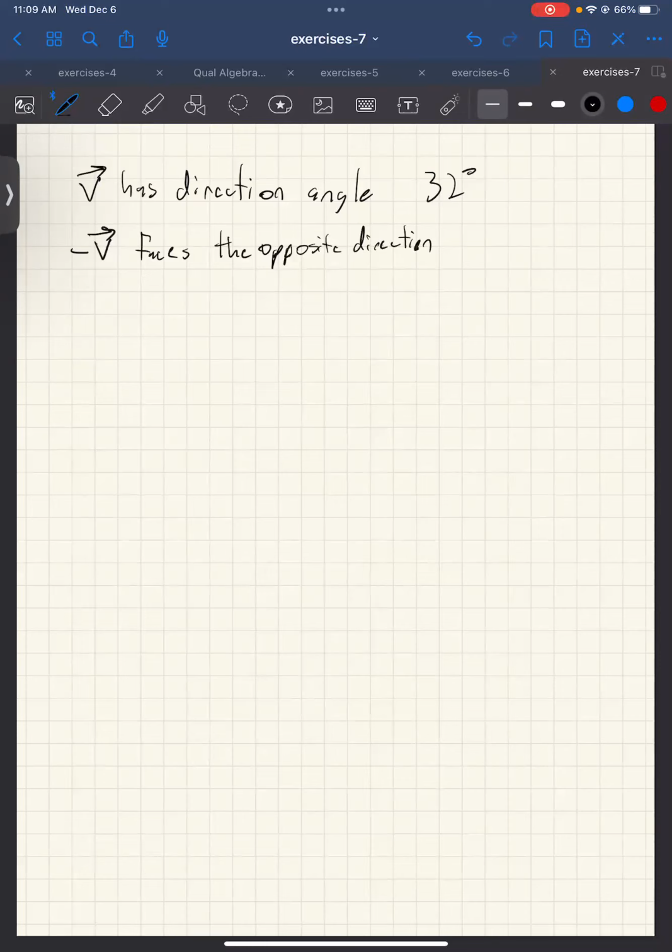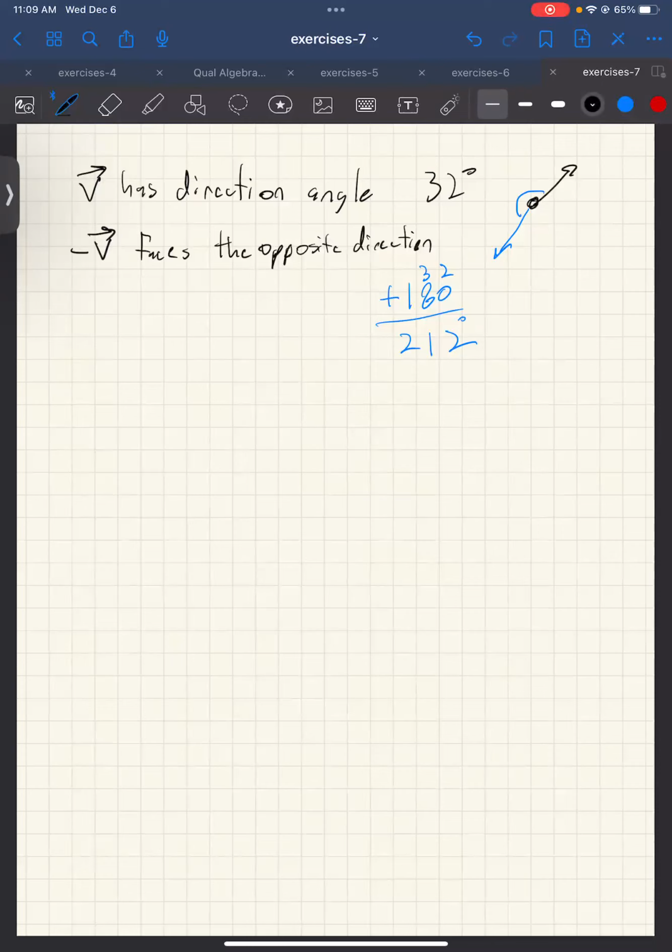And so for vector v, it just looks like that. That terminates in quadrant 1. So for vector -v, I can just add 180 and get 212 degrees for that direction angle.